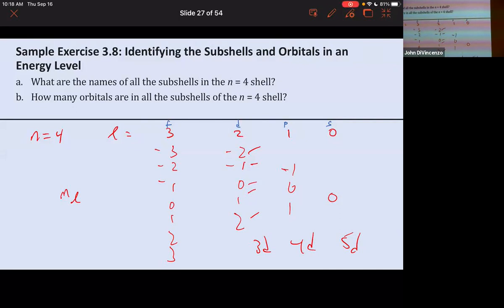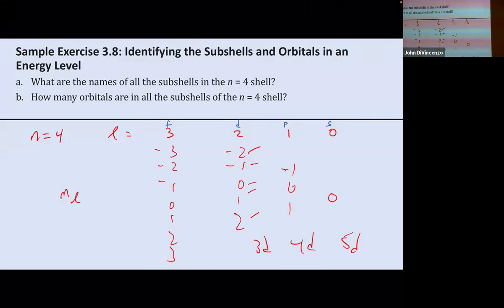So the math dictates which orbitals are allowed in each energy level. This was straight from the book, so this is 3.8, which is right here.